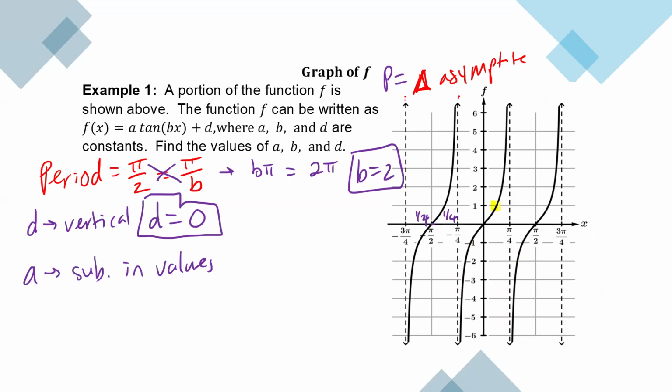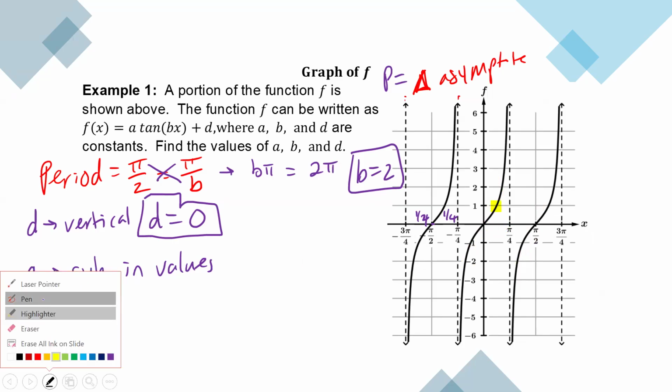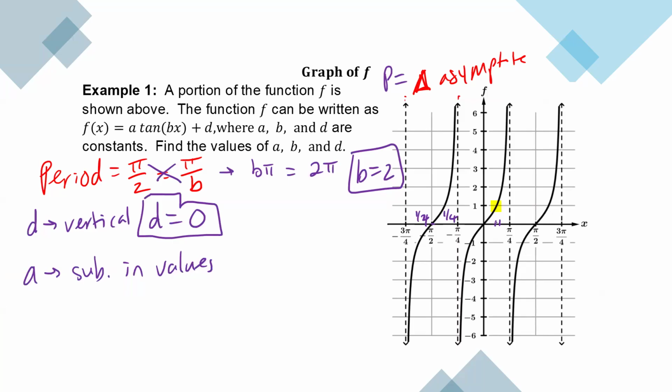So I get 1 right here, right? What's halfway between 0 and pi over 4? Pi over 8. So this is the point that I'm going to use. So for my substitution, I'm using the point pi over 8, f is 1. You're substituting it into the function to solve for your a.